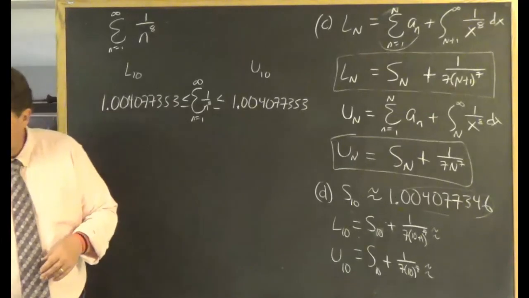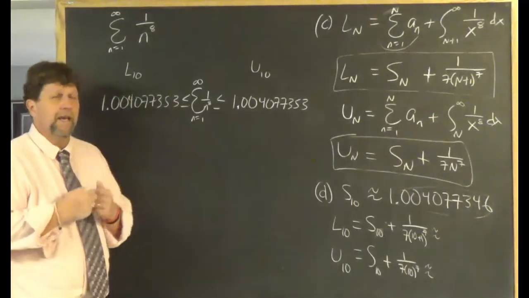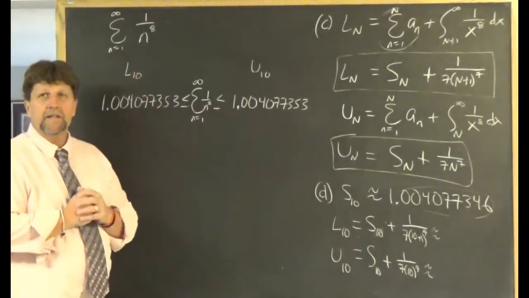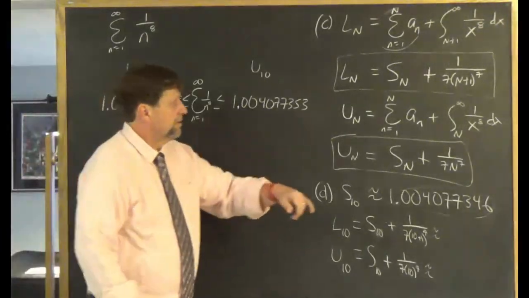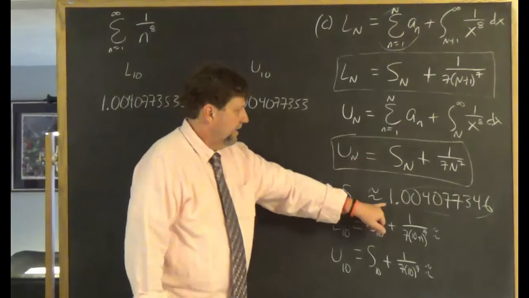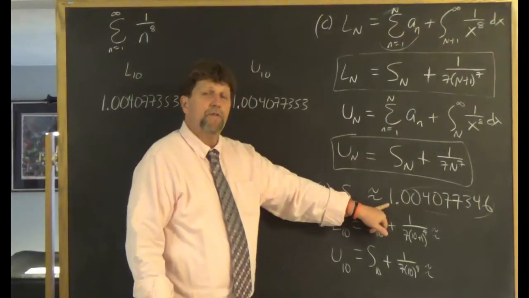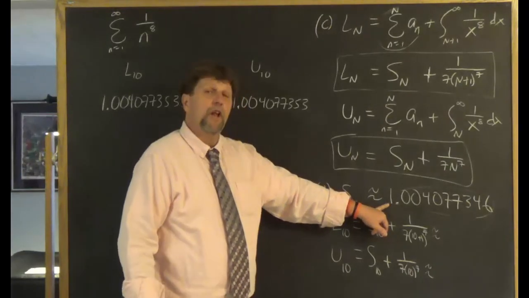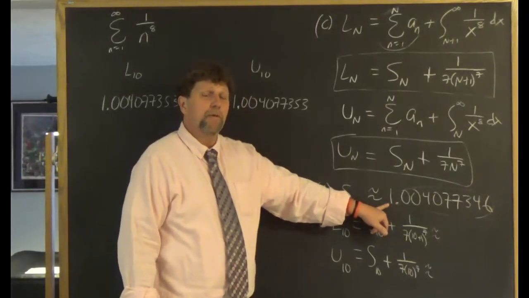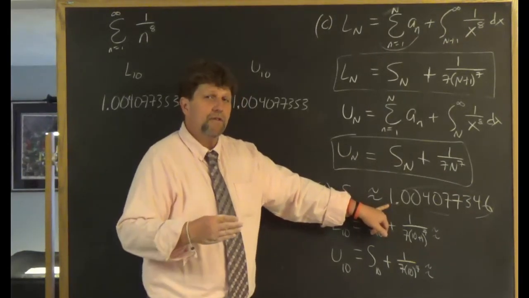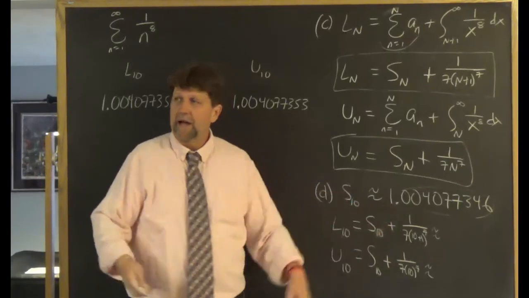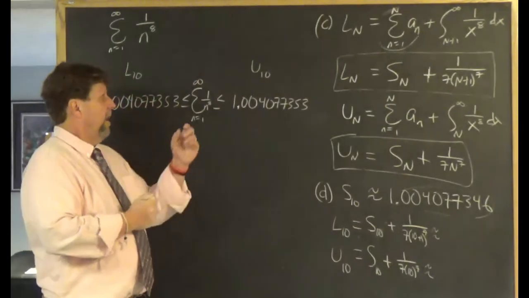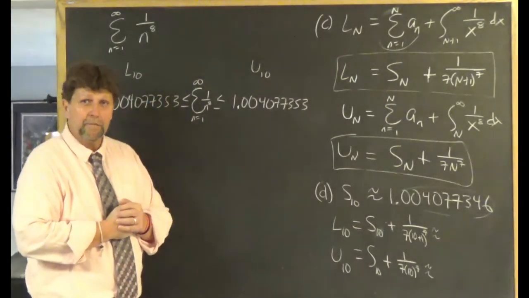So here's what I think is really cool, really amazing. We just added up the first 10 terms of this series, and this is what we got as the sum of the first 10 terms. And the lower bound and the upper bound happened to be the sum of just adding up the first 10 terms.